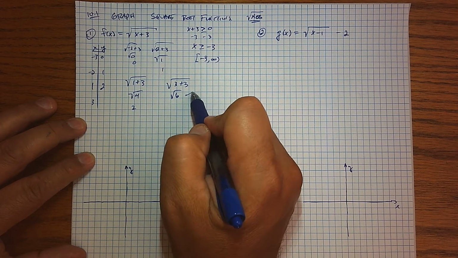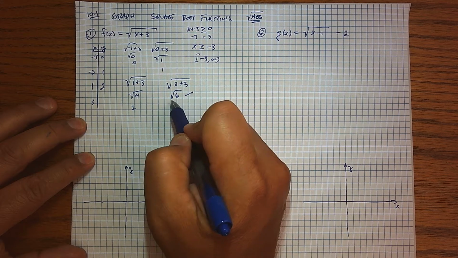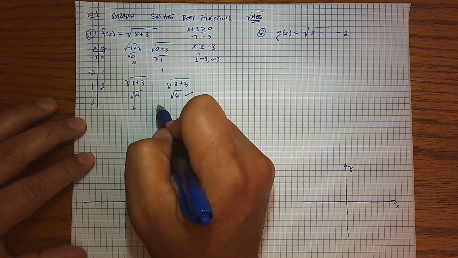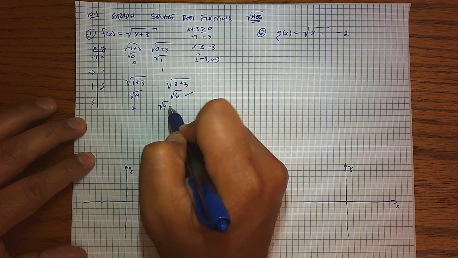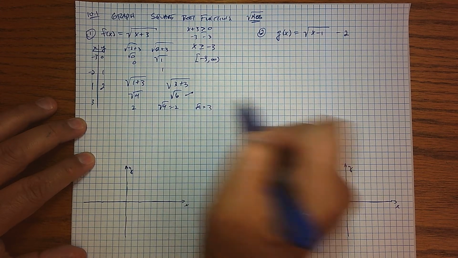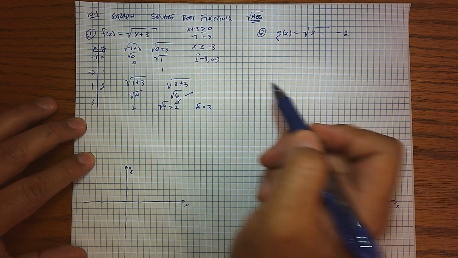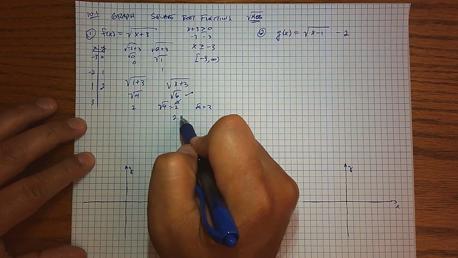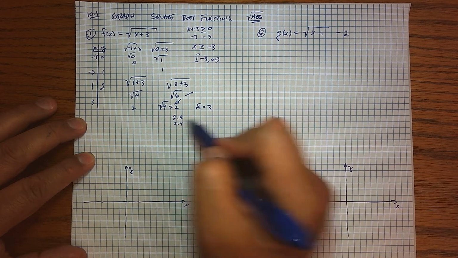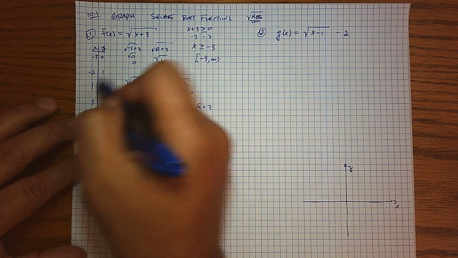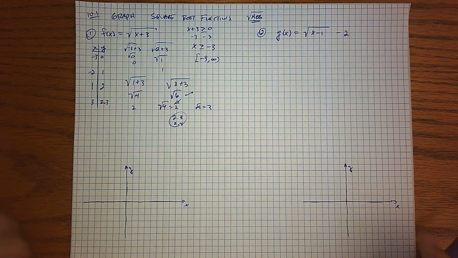This is very real, it's not a negative, it's just not nice. If I'm estimating, the square root of 4 is 2, and the square root of 9 is 3. 6 is closer to 4, so maybe it's 2.3 or 2.4-ish. That would give me a nice ballpark figure, so I'll just say 2.3-ish.